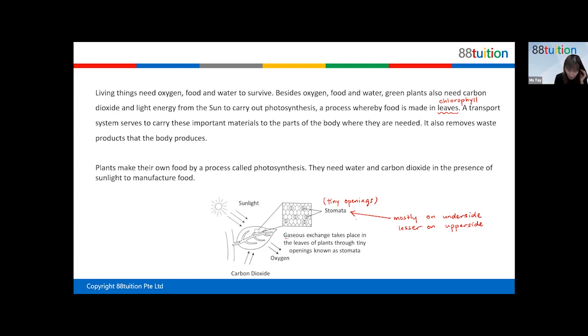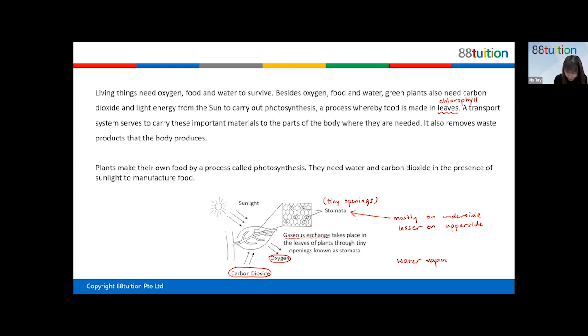Now, what kind of gaseous exchange takes place? It takes place in the leaves of the plants. This gaseous exchange involves oxygen and carbon dioxide going in and out of the leaf of the plant. Another substance that passes through is water vapor.